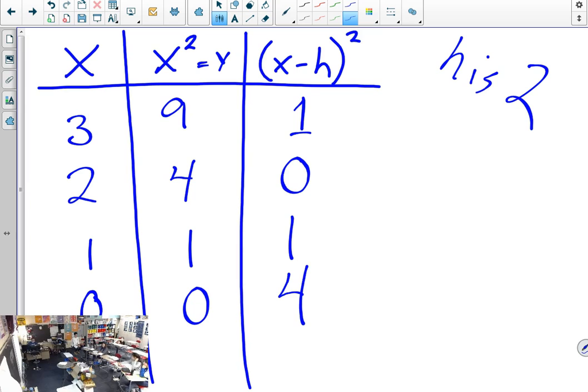Then, as my x values continue to get closer to the middle, my x minus h actually turns negative, which when we square it, turns back positive. So when x is now 1, my original parabola is still coming down as we come back towards the middle.